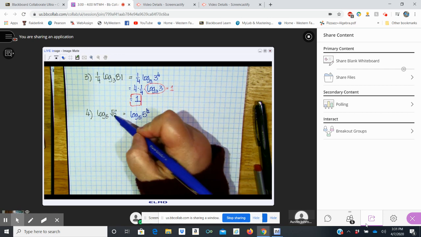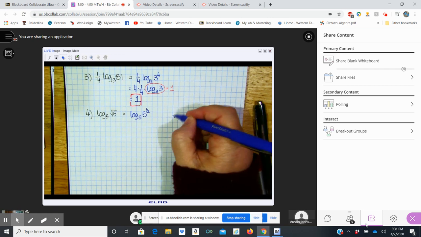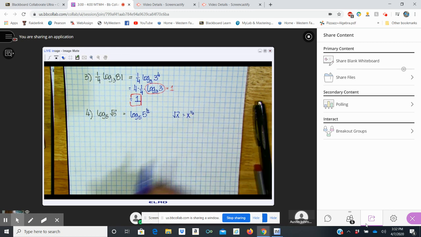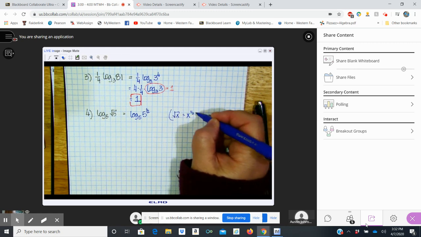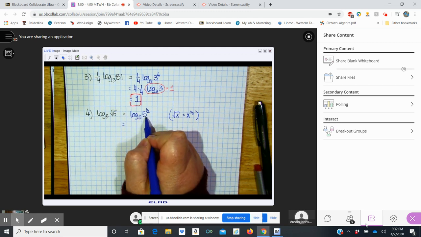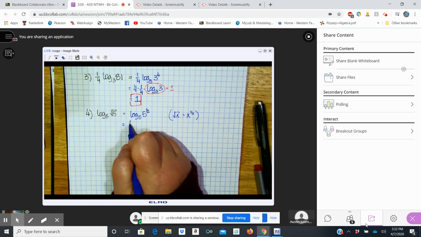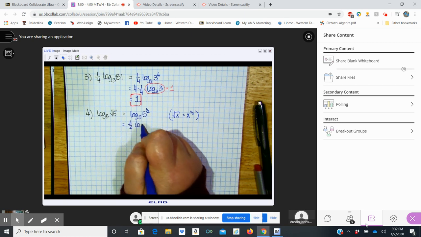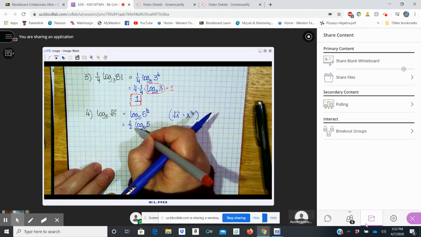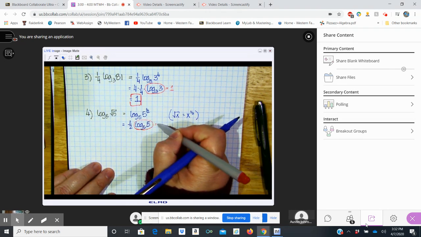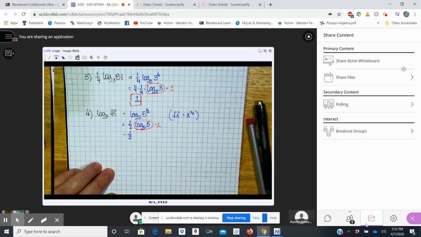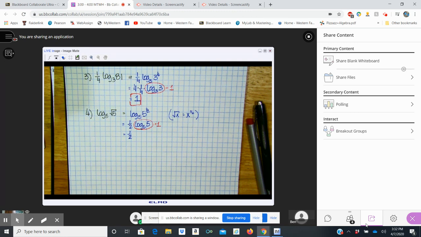The square root is a 1/2 power, in case you have forgotten that piece. So now I've got a power on that, so I can pull that out front. Log base 5 of 5, and again, log base 5 of 5 is just a fancy way of writing 1. So that's going to be 1/2.